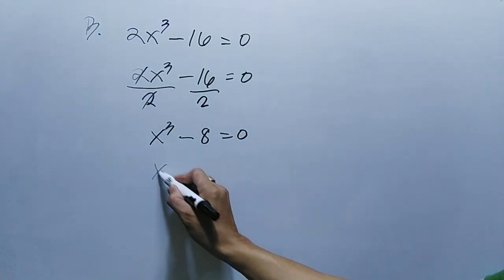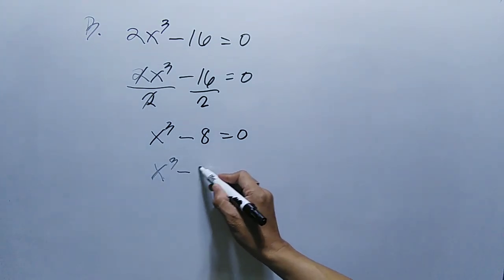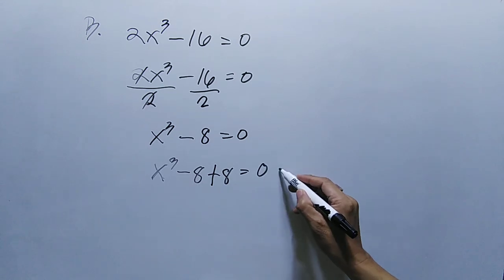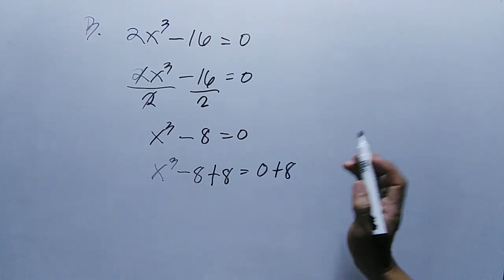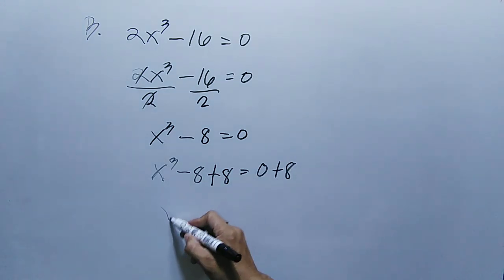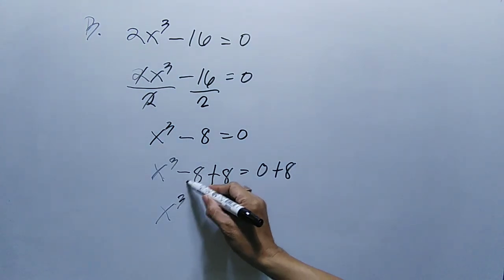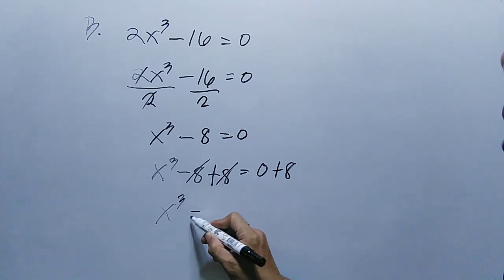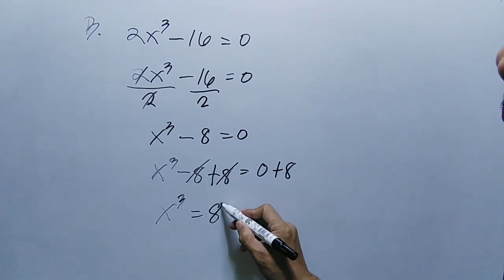So, x cubed minus 8, mag-add tayo ng 8 dito, equals 0, mag-add din tayo ng 8 dito sa right side. Pwede nyo nang i-diretso, i-transpose mo, pwede yun. So, x cube, i-cancel natin yan kasi negative 8 plus 8 is 0. So, equals 0 plus 8 is 8.